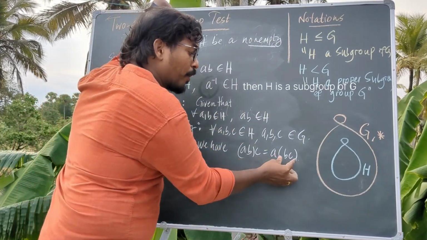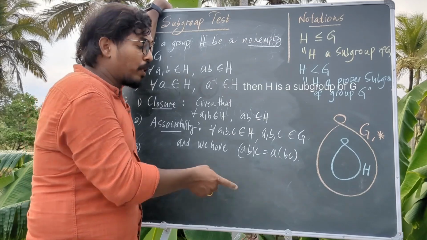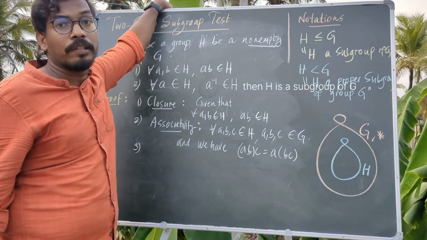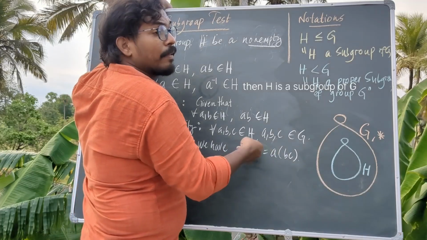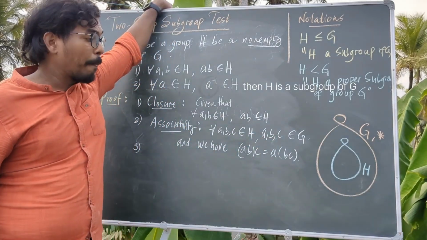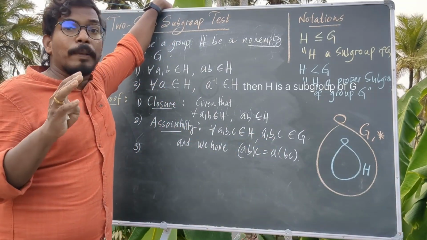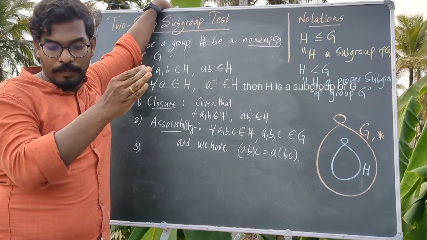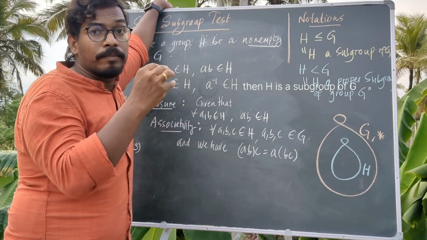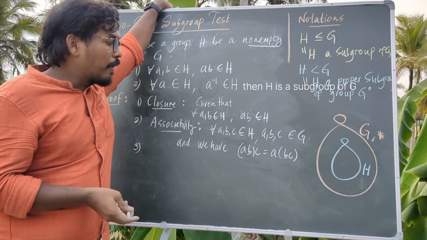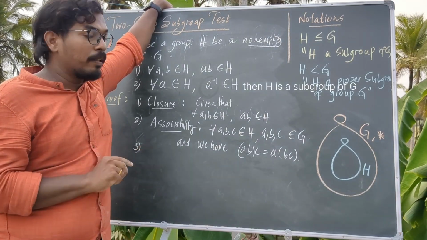So we have already these two elements and we are showing if they are equal or not. So this is a rule. So some of the axioms are rules, and some of the axioms are existence. And associativity is a rule.